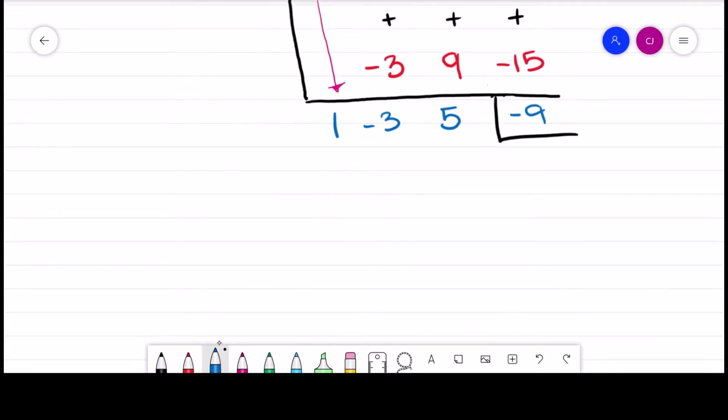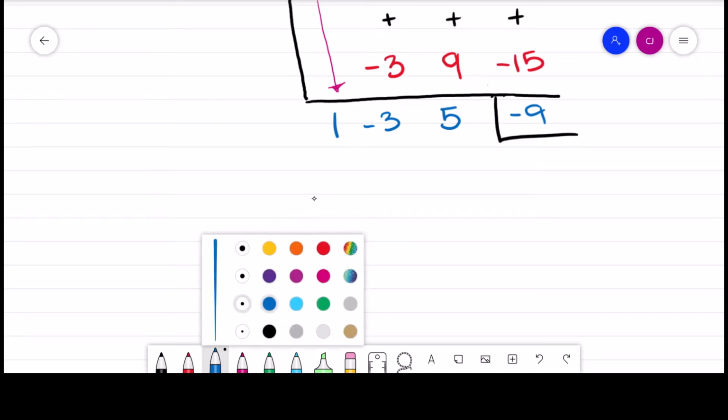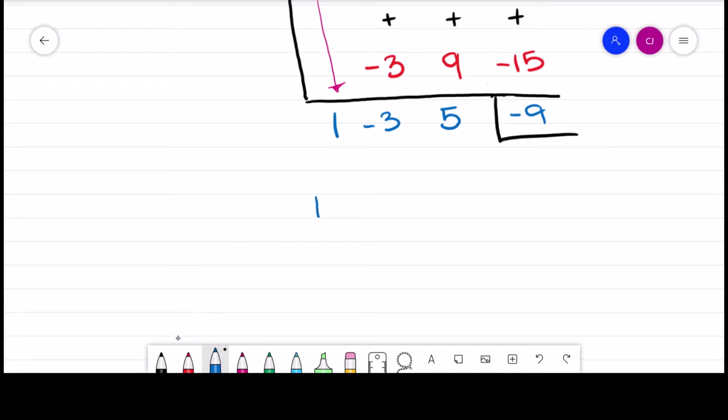So I'm going to write 1 times x to the second, minus 3 times x to the first, or just x, plus 5, which is my integer.